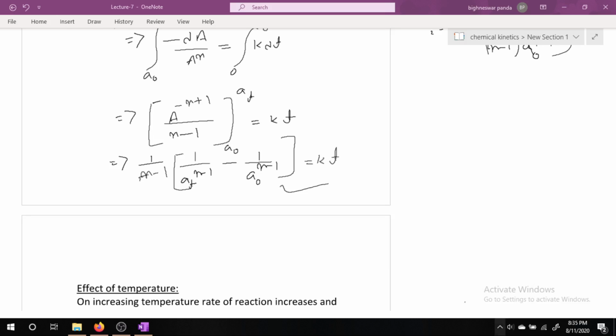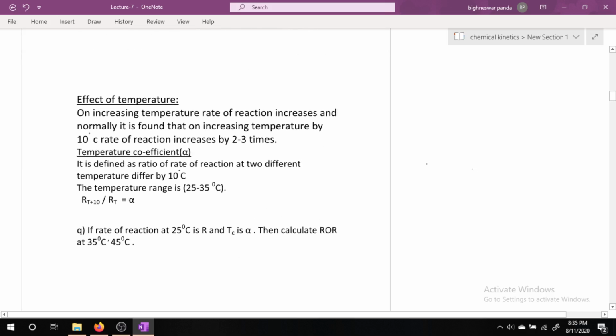Let's come to the next part, effect of temperature. We have already discussed the effect of temperature. On increasing temperature, the rate of reaction increases, and normally it is found that on increasing temperature by 10 degrees Celsius, the rate of reaction increases by 2 to 3 times.